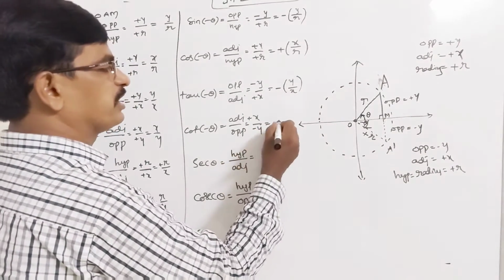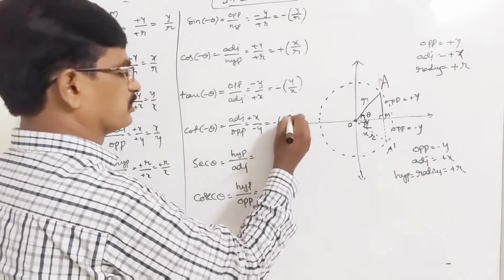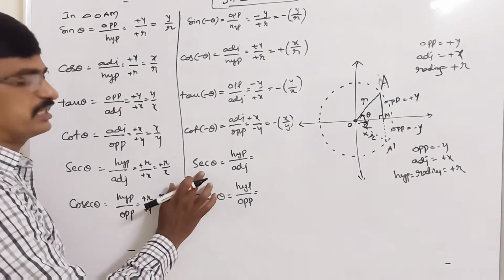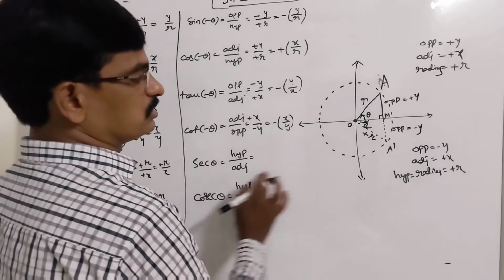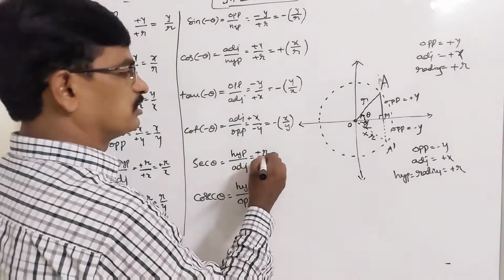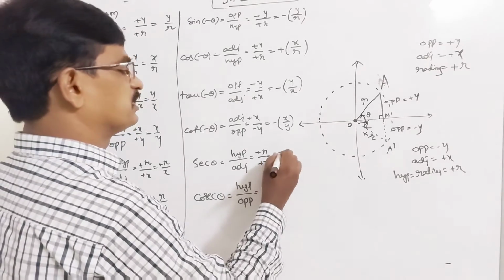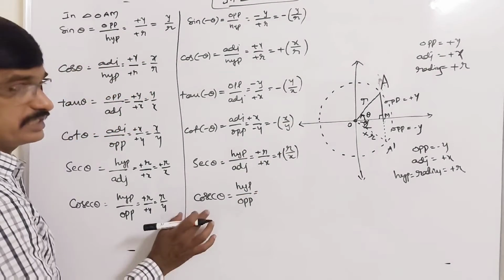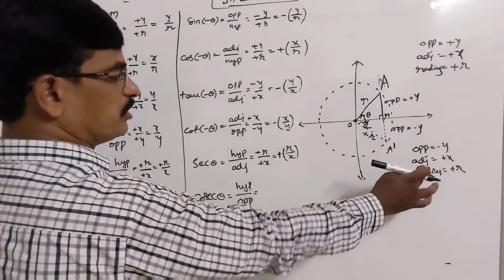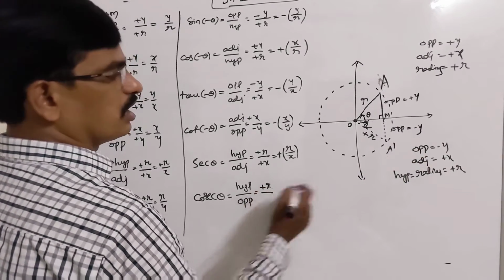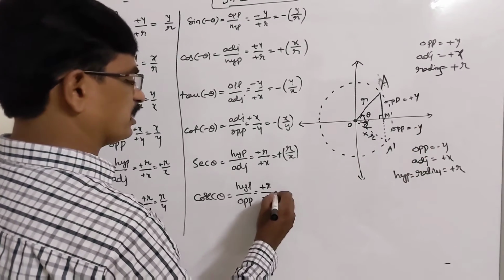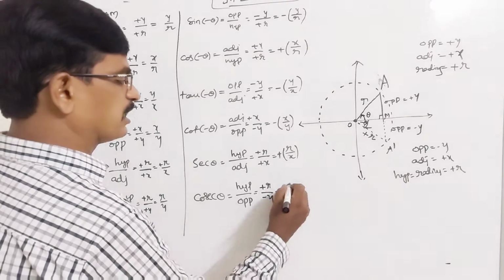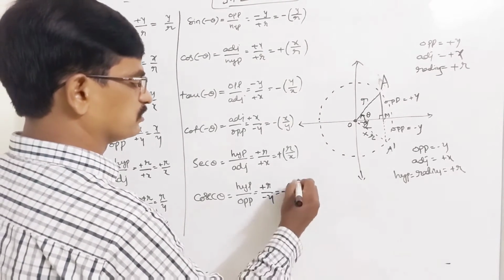So plus by minus, minus of x by y. Now secant theta is equal to hypotenuse by adjacent side. So hypotenuse is plus r by adjacent is plus x, that is plus of r by x. Next, cosecant theta. So hypotenuse plus r by opposite side here minus y, plus by minus, minus r by y.